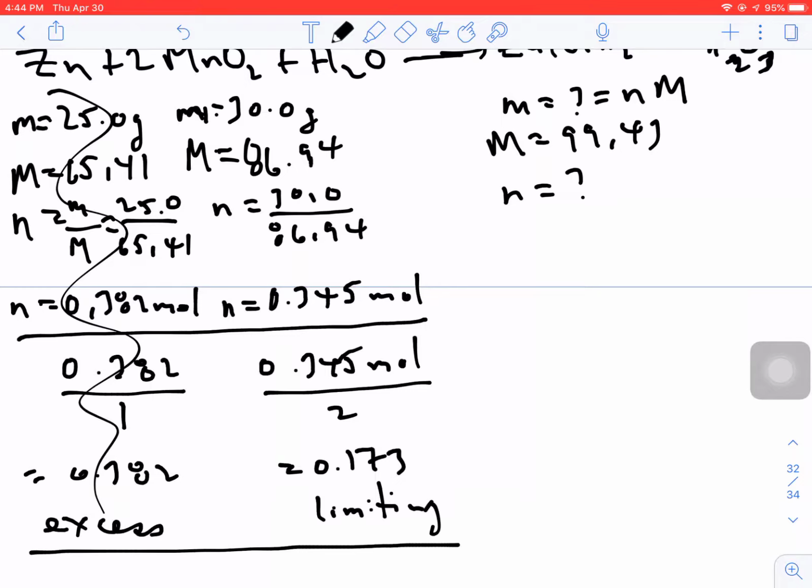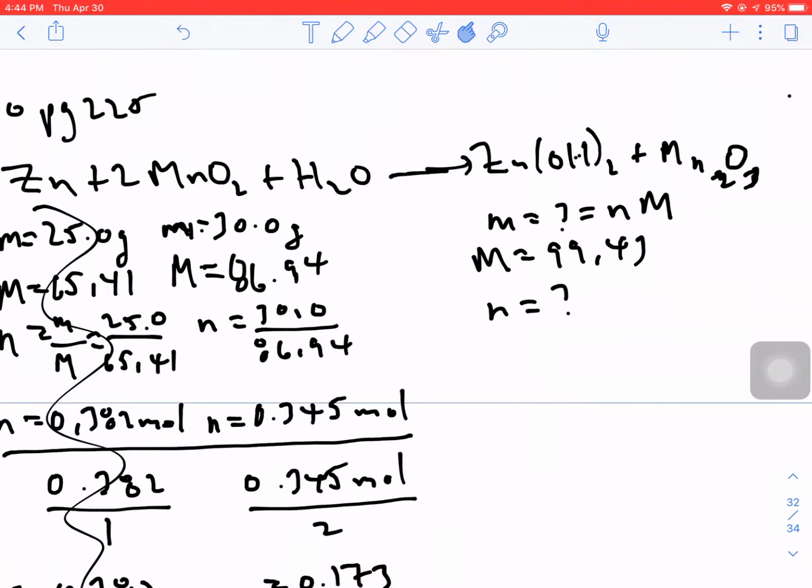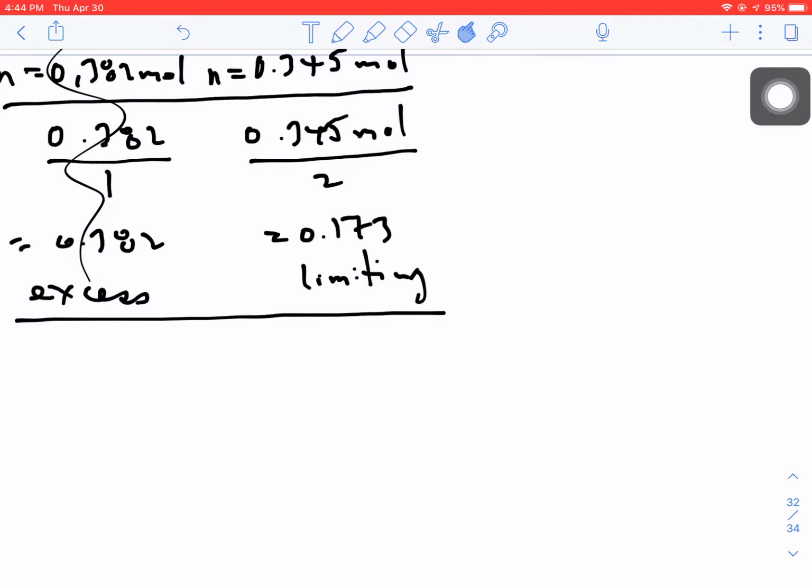Now, to do the mole ratio, I need to look at the two compounds that I'm now looking at in the question. One is the zinc hydroxide, my unknown. The other one is the manganese dioxide, which is the one that's going to tell me how much zinc hydroxide I'm going to make. So I'm going to set my mole ratio up with zinc hydroxide on the top because it's my unknown, and manganese dioxide on the bottom. So let's set this up here.